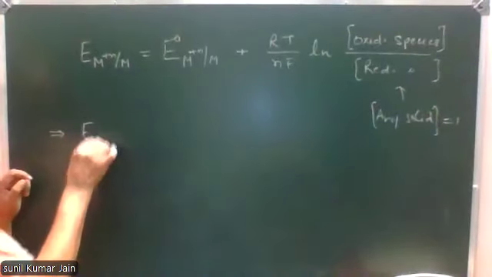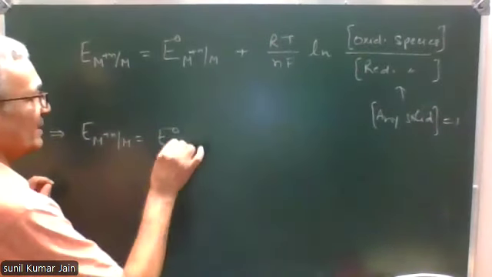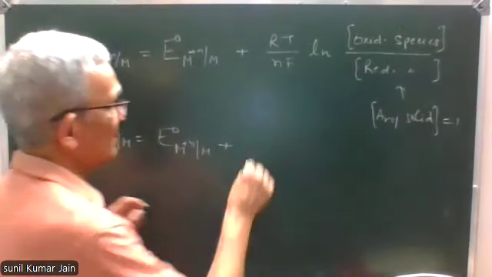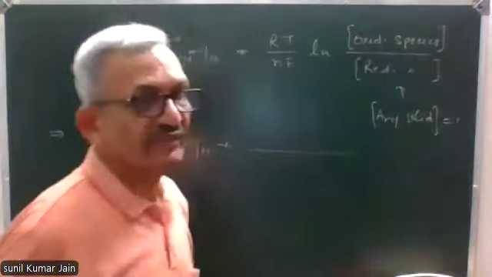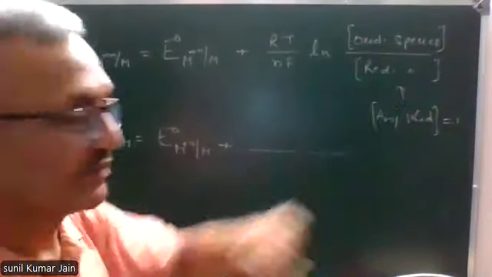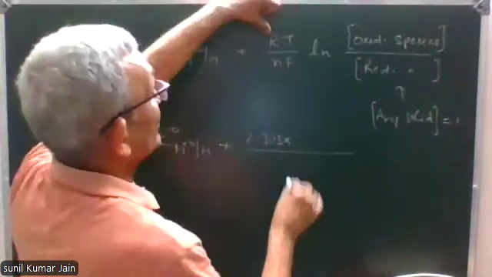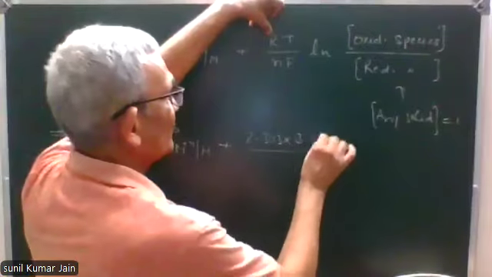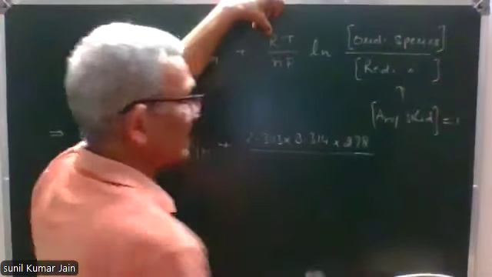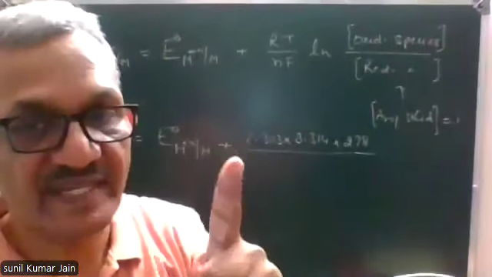Or I can say non-standard REPV is equal to standard REPV plus. I'll convert natural log to base 10, for which I'll multiply by 2.303. Value of R is 8.314. Temperature 298 Kelvin. I'm taking standard temperature, that is 25 degrees centigrade.